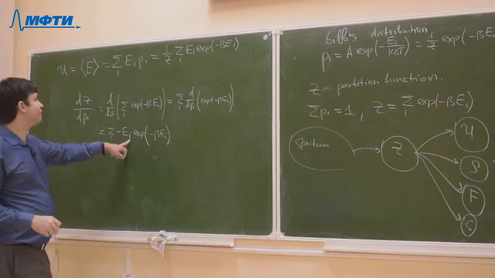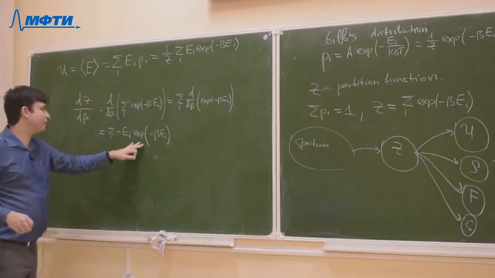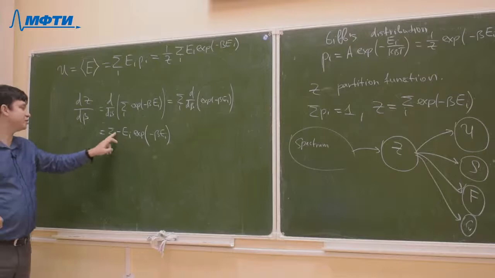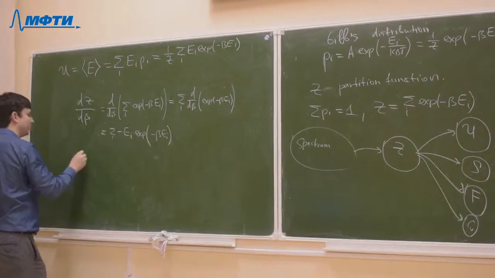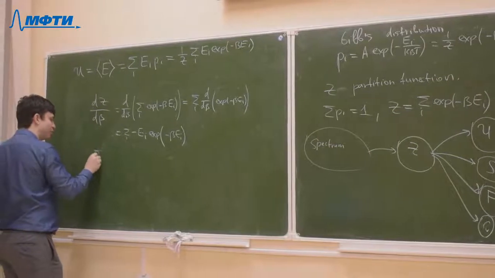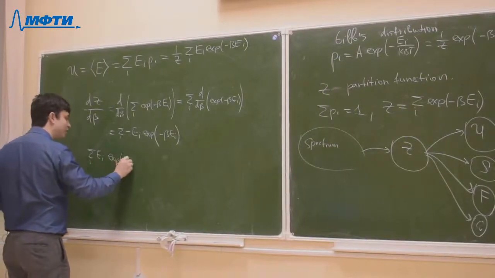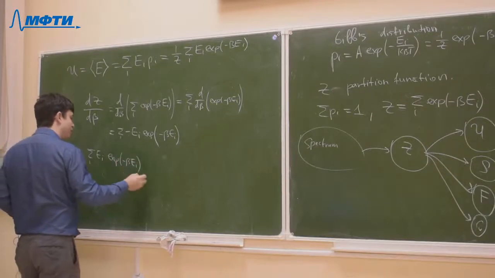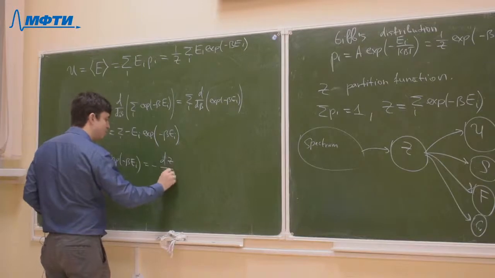If you compare this sum with this one, you see that they only differ by the sign. So I can take this minus sign out. The sum over i of E_i exponential of minus beta E_i is minus dZ over d beta.